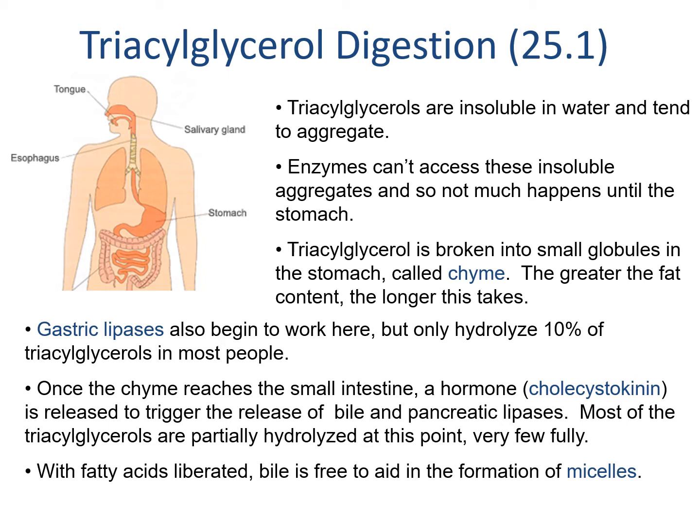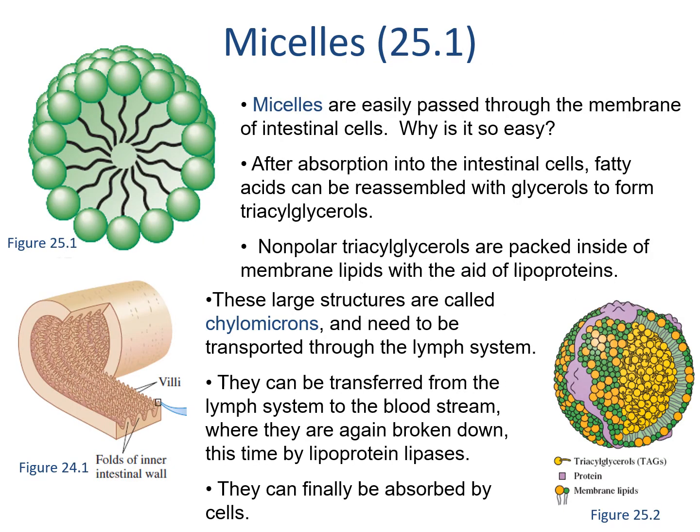In the intestines, additional lipases can continue to work on hydrolyzing lipids, with the aid of bile salts to improve their solubility. With many fatty acids free, their polar ends can interact with water and make anything unhydrolyzed more soluble by forming a micelle. Micelle structures, which you can see on the top left, are similar to intestinal cell membrane structures.